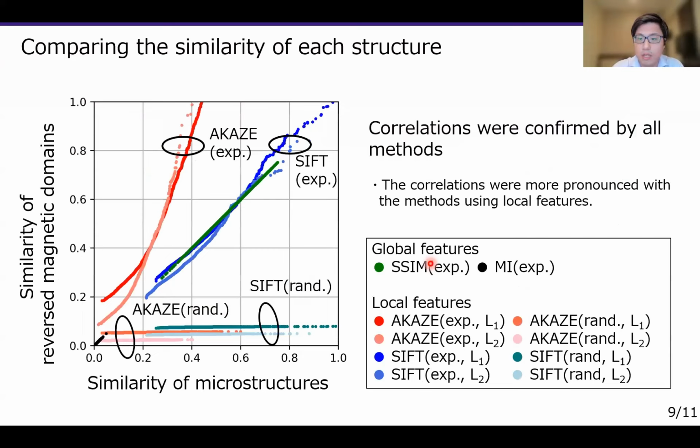This is a result. The correlation was confirmed by similarity using the methods. This result suggests that it's not impossible to evaluate the main pattern, and it can express the similarity of each structure. The correlation was more pronounced with the methods using local features. Also, there are differences between AtC-AtG and the shift.